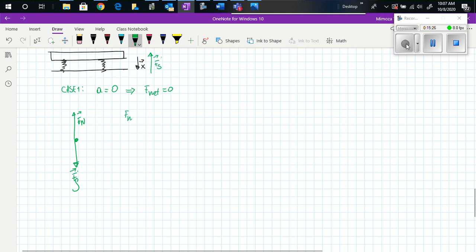Since force net is the vectorial sum of all the forces that the object is experiencing, we can say that force normal is equal to force of gravity in magnitude and opposite in direction.